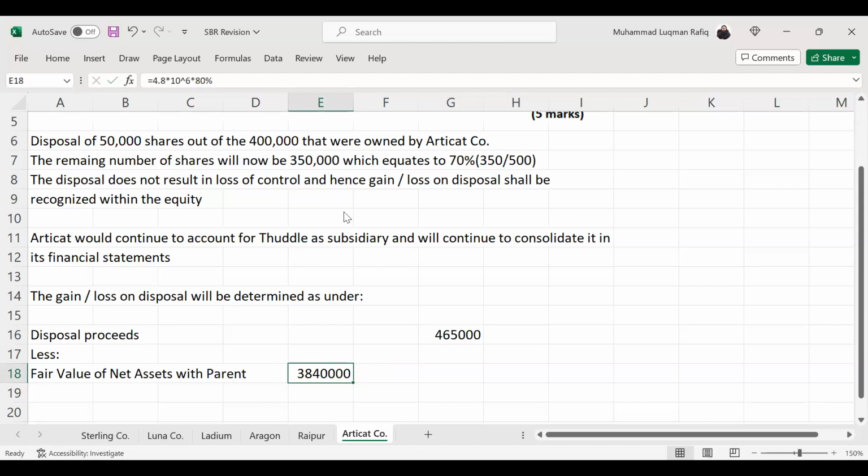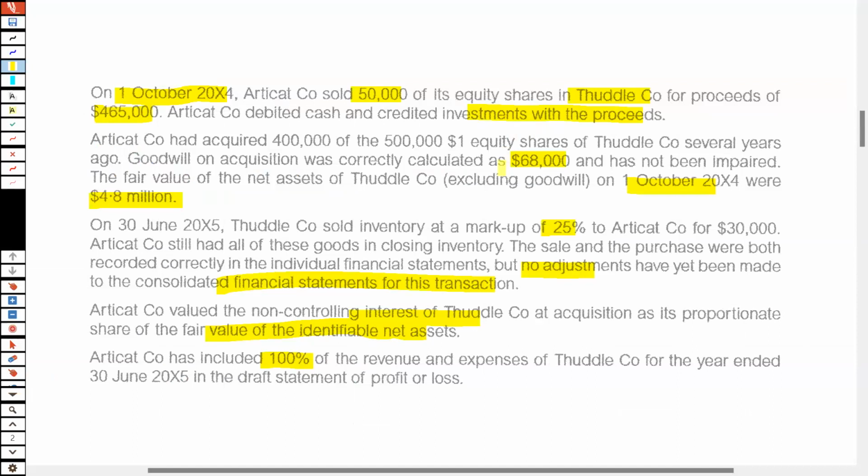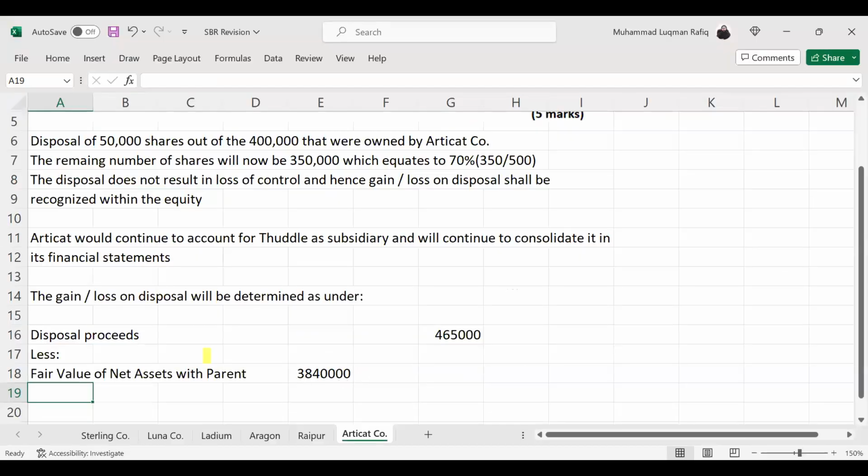We had 80% shareholding earlier, right? Because it was 400,000 shares out of the 500,000. Fair value of net assets with the parent was this. The goodwill was this much.